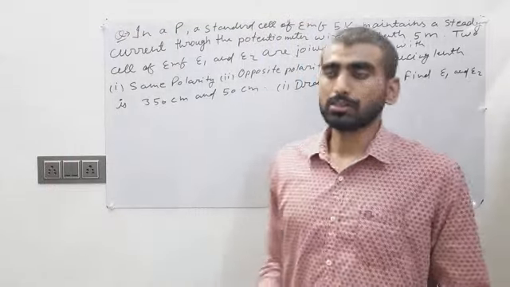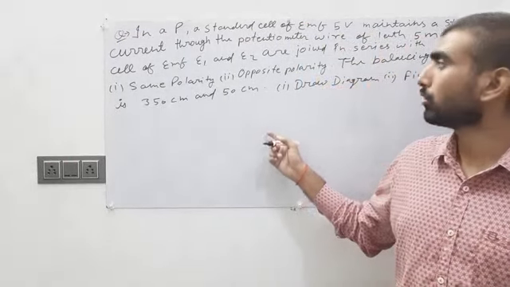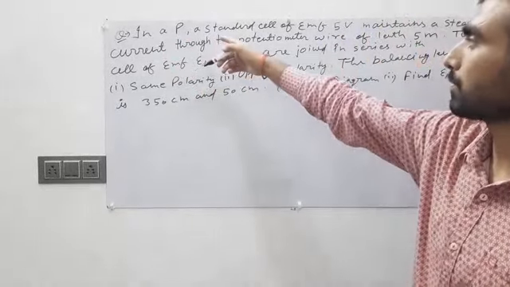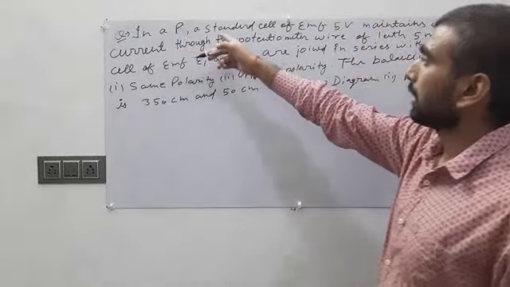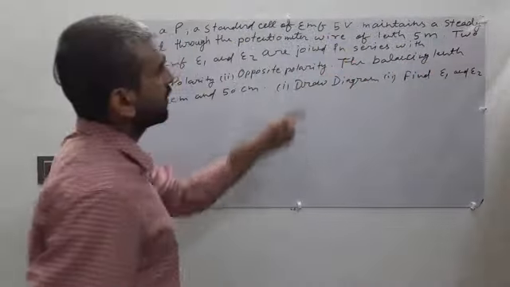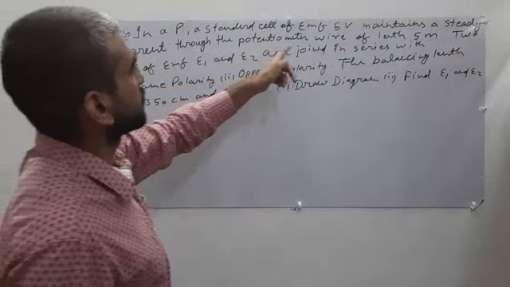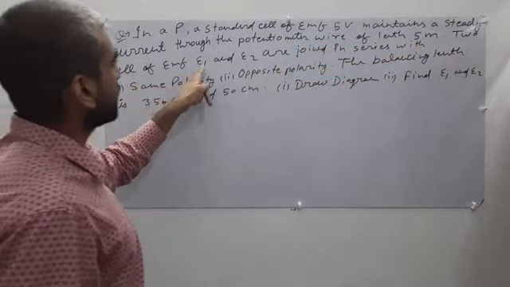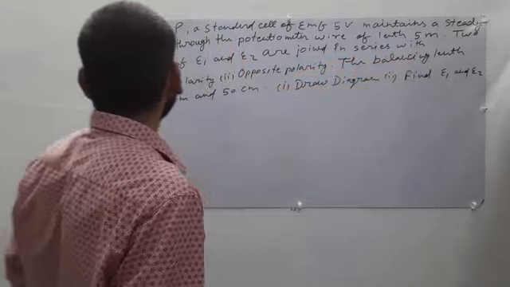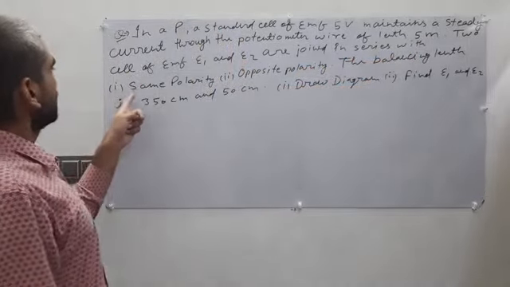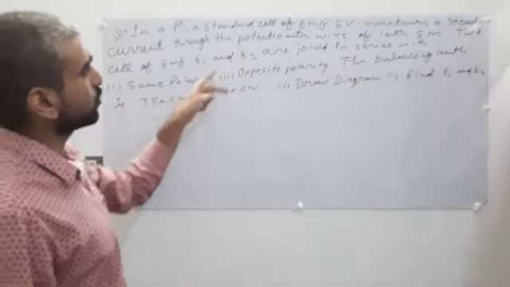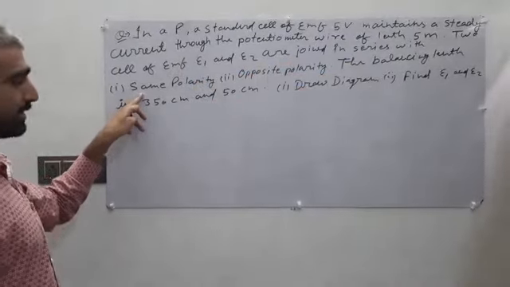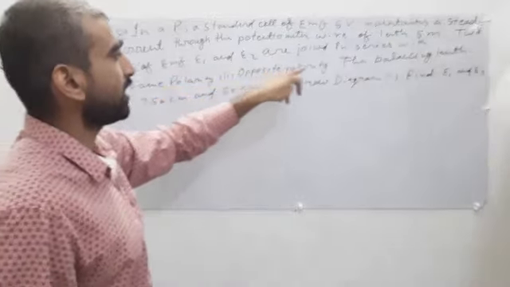Hello students, this is one more numerical related to potentiometer. In a potentiometer, a standard cell of EMF 5 volt maintains a steady current through the potentiometer wire of length 5 meter. Two cells of EMF E1 and E2 are joined in series, in case one with the same polarity, and in the second case with opposite polarity.